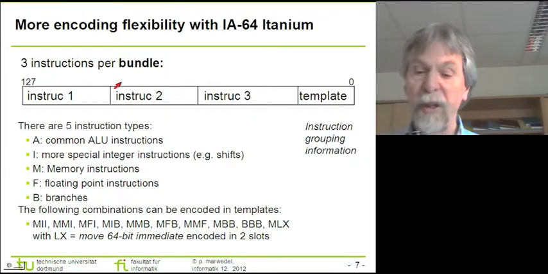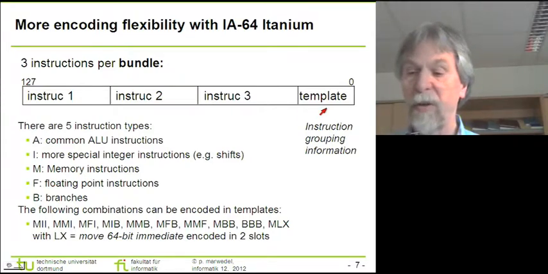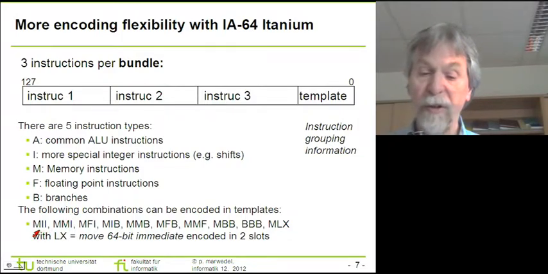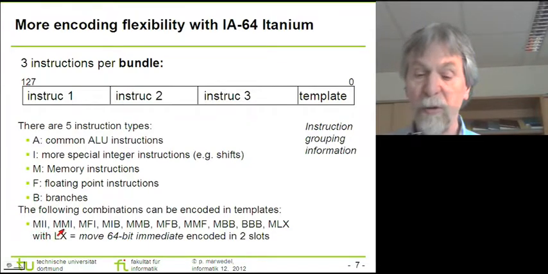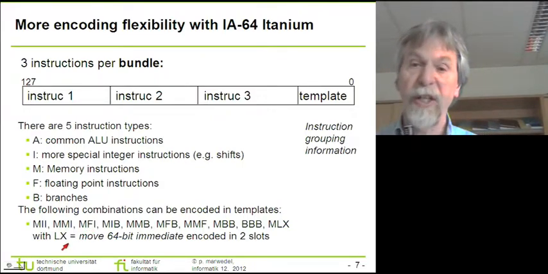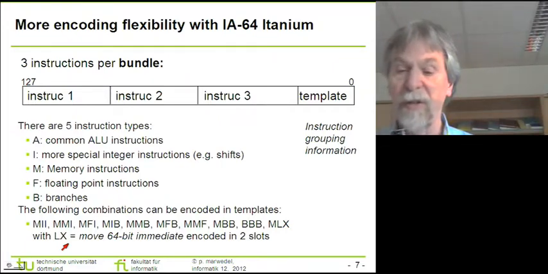And now for the combination of these 3 instruction types, certain combinations are allowed, and these combinations are encoded in a small number of bits, and these bits are encoding the template that we are using for a certain bundle. Certain combinations are feasible. We can, for example, have 1 memory and 2 integer instructions, 2 memory instructions, 1 integer, 1 memory, 1 floating point, and 1 integer instruction, etc. And as a special case, it's feasible to have a 64-bit immediate encoded in 2 of these instruction slots.